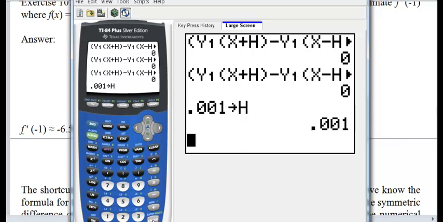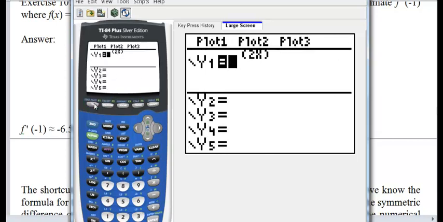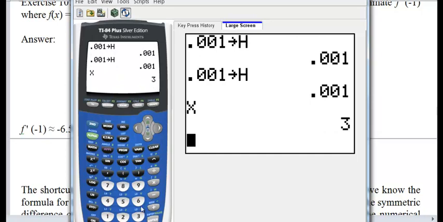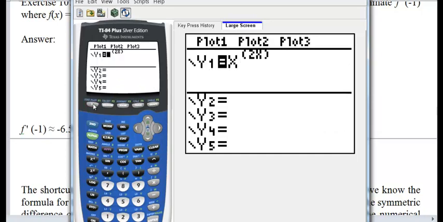So we put in 0.001 for h, and we're using this particular formula, x to the 2x again. And let's go back and do the difference quotient again. Let me just see what x is. x is 3, so this should be approximately f prime of 3 whenever y is x to the power 2x.